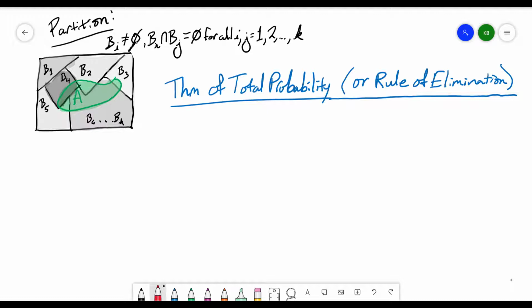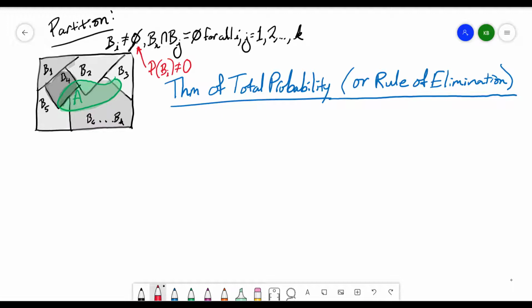And each one of those sets of outcomes is not the empty set, which has the side effect that the probability of B sub I, for any of my BI's, does not equal 0. Furthermore, there's no outcome that falls into 2 of my spaces. So BI intersect BJ for all I and J from 1 to k does equal the empty set.